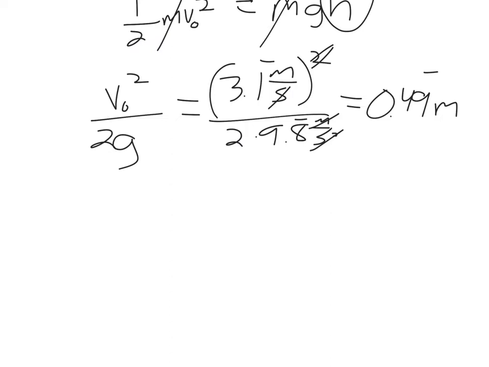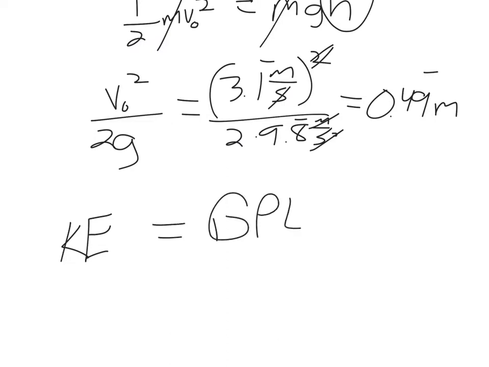Well, if 20% is lost, let's do it like this. The kinetic energy that it started with we had said was equal to the gravitational potential energy that it ended with.